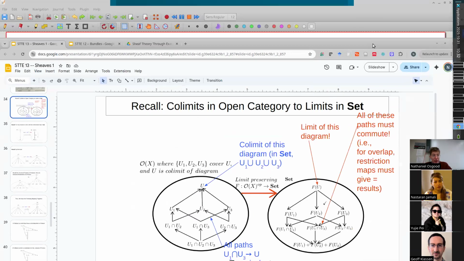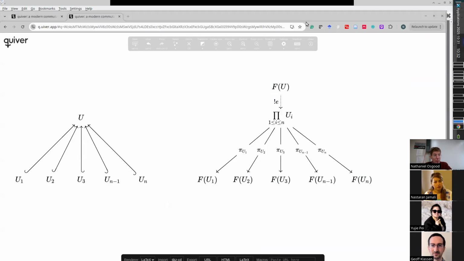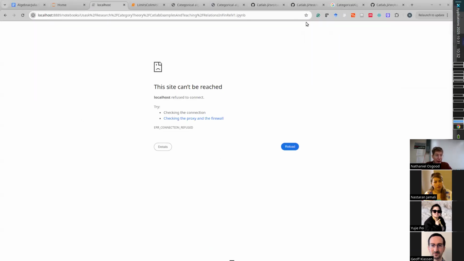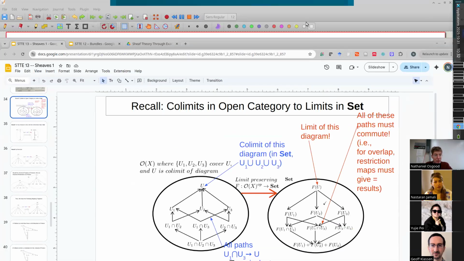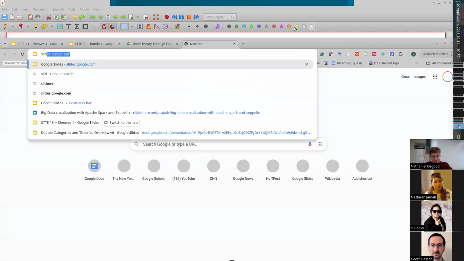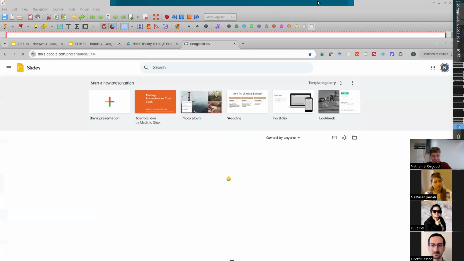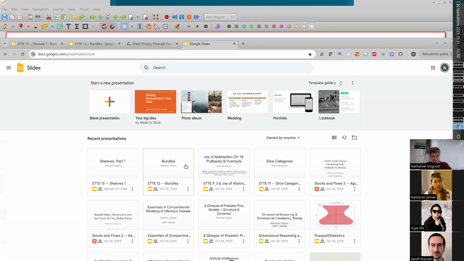So let's see if I have my pullback slides up here. Doesn't look like it, but I'll call up my pullback slides. But in a pullback, you also have this matching restriction, right?